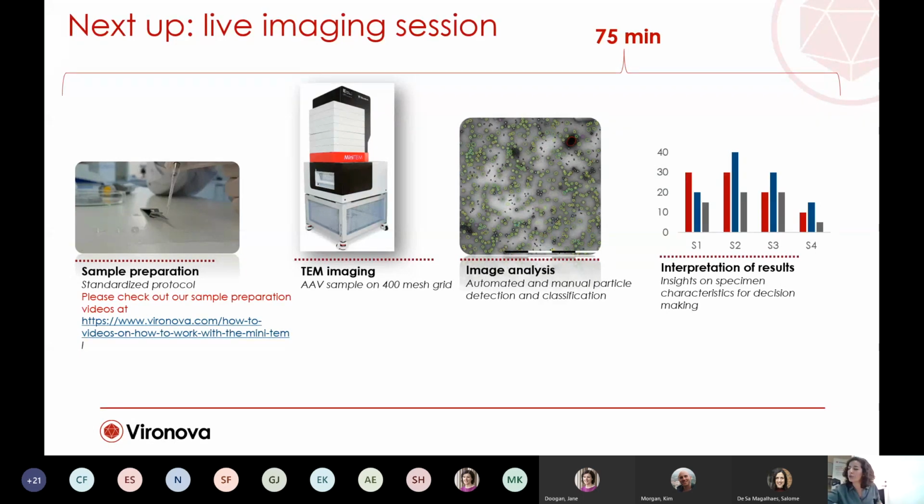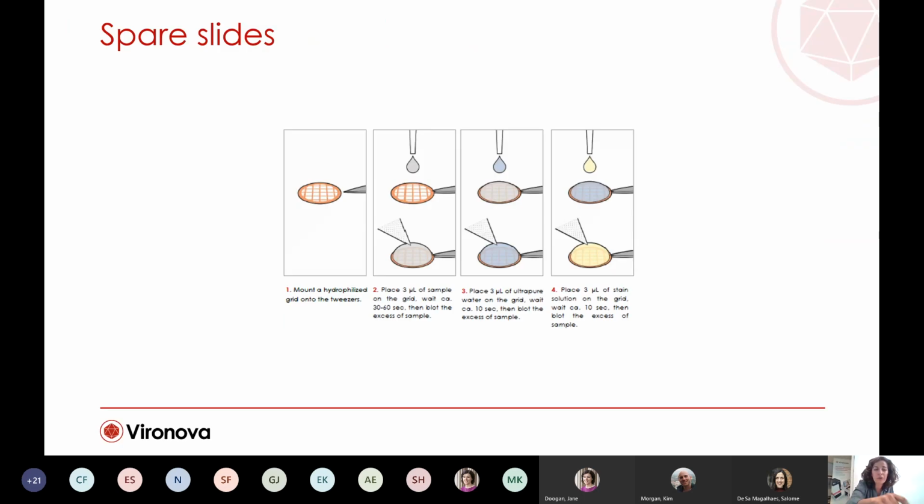I just want to show you very quickly what a grid looks like. So when we prepare our samples, we prepare it on a grid. I can just show you really quickly what it does. So we have a grid. Can you guys see me in the video as well? Yeah? Right at the bottom. Okay. Right.